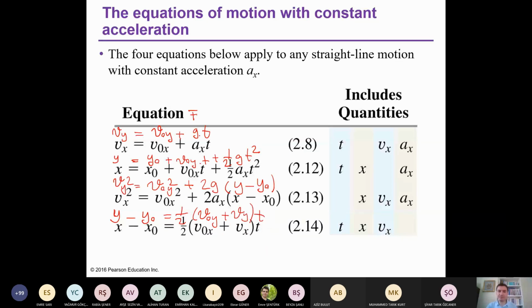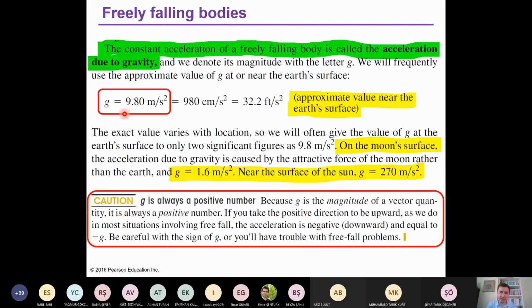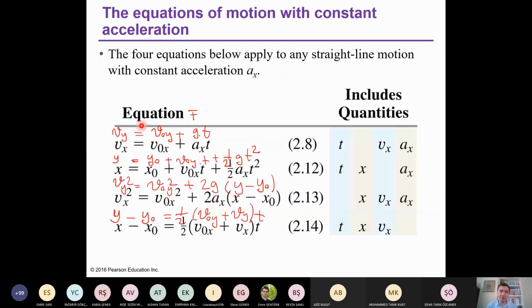So what do you see here? Since g, acceleration due to gravity in free fall problems, is constant, it has a constant value, which is 9.8 meters per square second. You can use all these equations which we have calculated in the previous part by replacing x with y and replacing a_x with g. Is it clear?